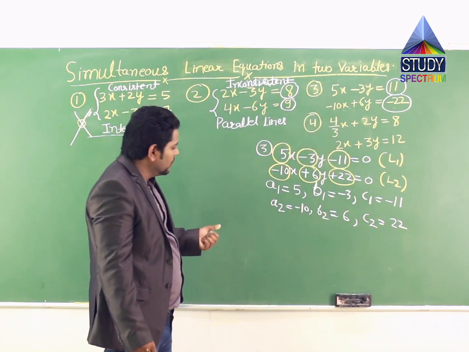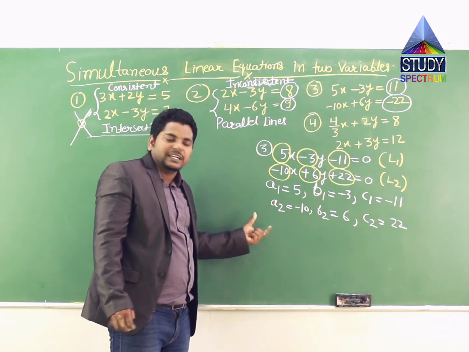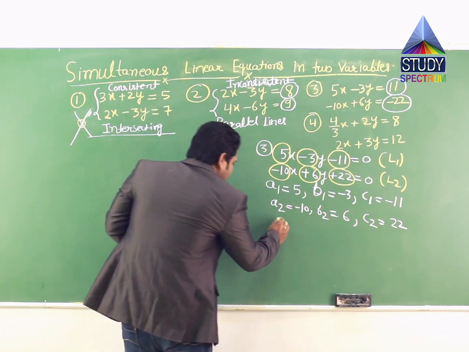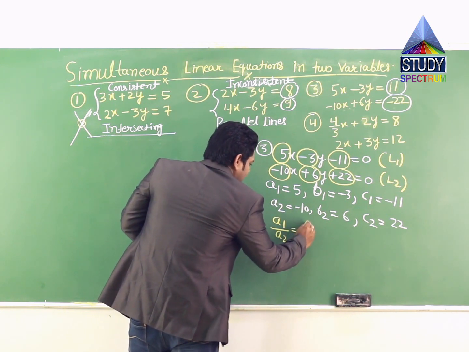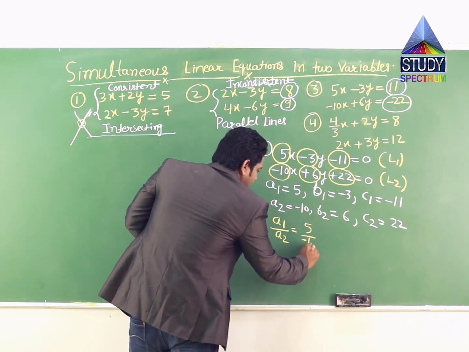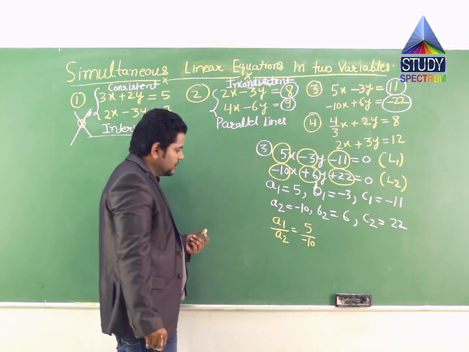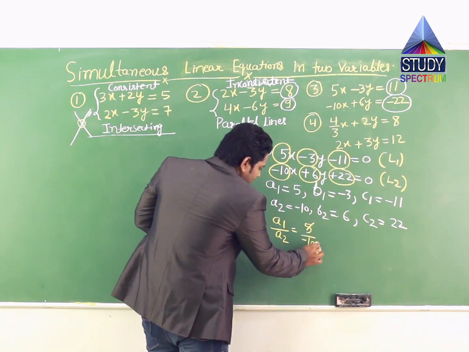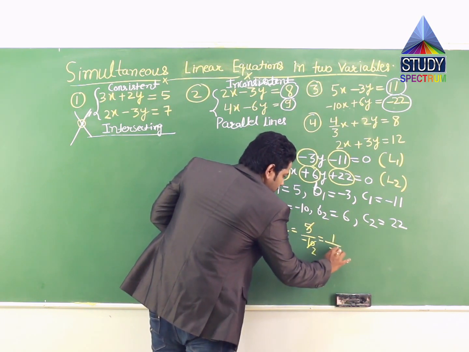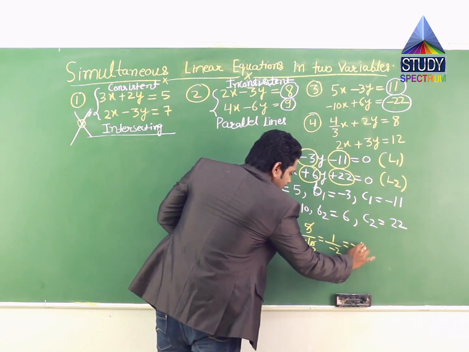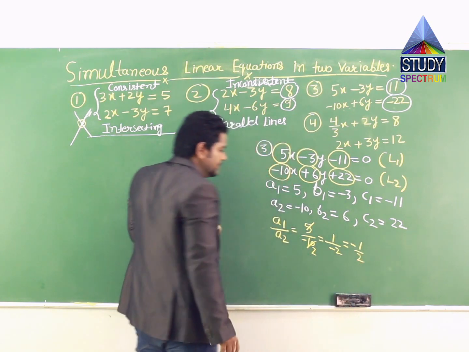Now again we will calculate A1 by A2. So A1 by A2 is 5 by minus 10. 5 twos are 10, so it will be 1 by minus 2, which is minus 1 by 2.